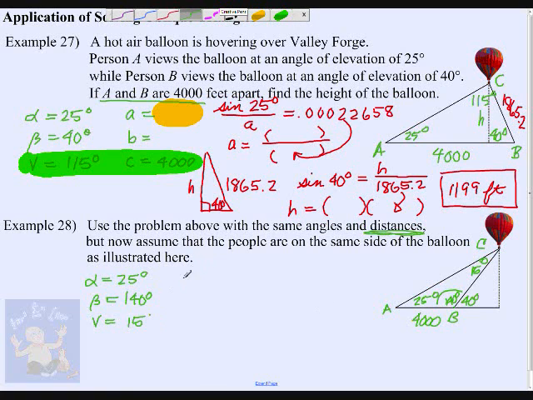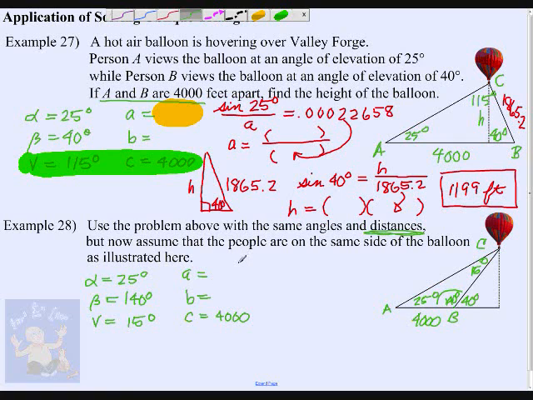So I've got the opposite side to A, I don't know. The opposite side to beta, B, I don't know. The opposite side to gamma, I do know. It's 4,000.